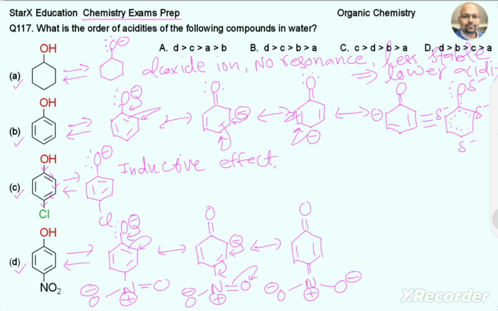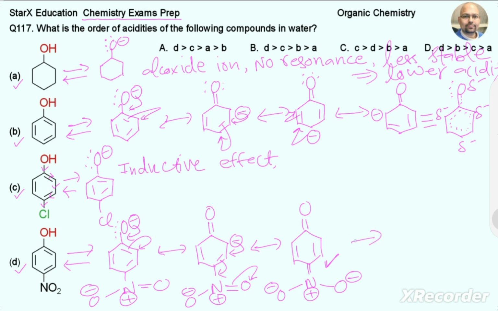As you see now, this is the special resonating structure where the negative charge is on oxygen, not on the carbon, as in the case of phenol or para-chlorophenol. And since oxygen is more electronegative, it holds the negative charge better, and that's the reason that this is one of the most important resonating structures of para-nitrophenol.